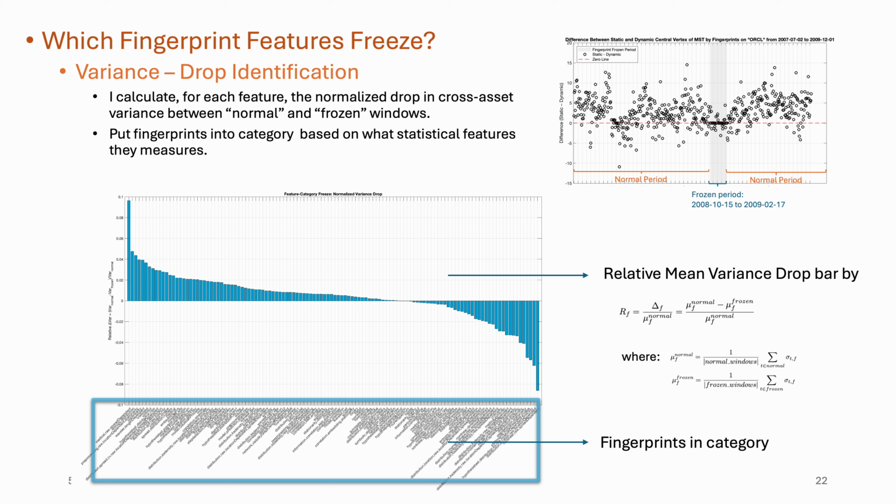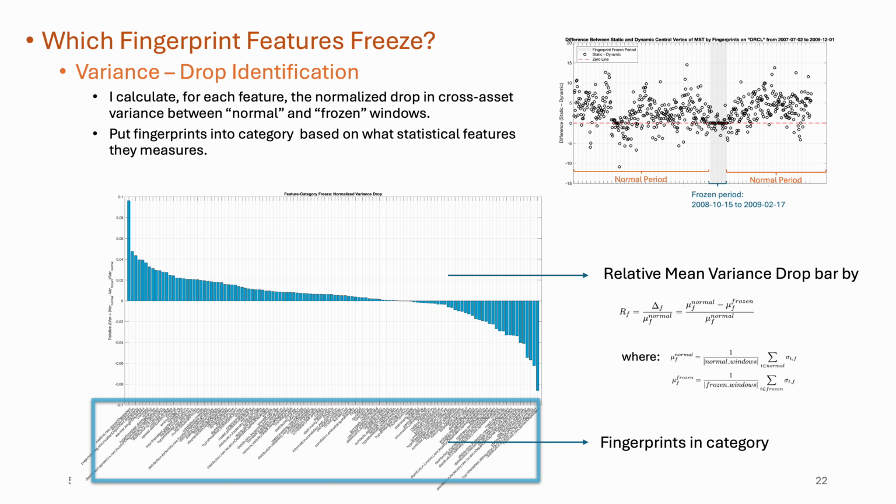To answer that, for each feature we compute the normalized variance drop score, to test whether a fingerprint works fine in normal periods, still functions to distinguish between assets in frozen periods, or loses its function, meaning it does not diverge anymore and turns into a frozen state. So a large positive variance drop, shown in the plot by blue bars above zero, means that the fingerprint variance collapsed in the crisis, which we call fingerprint frozen.